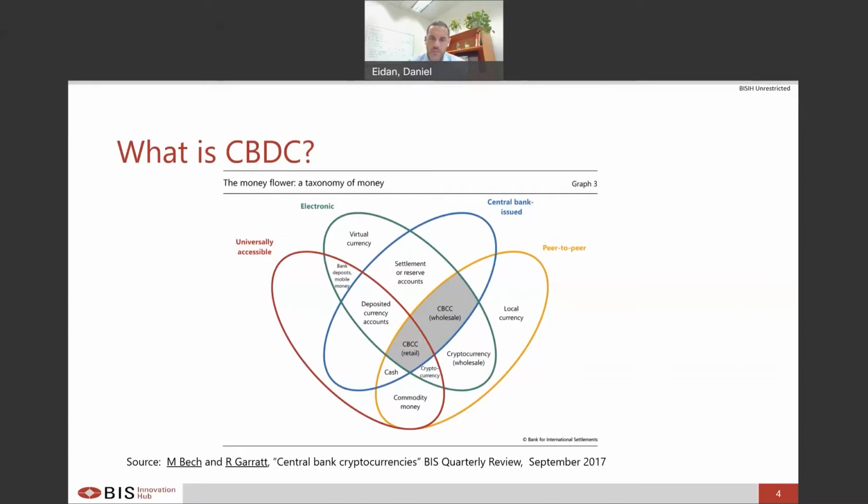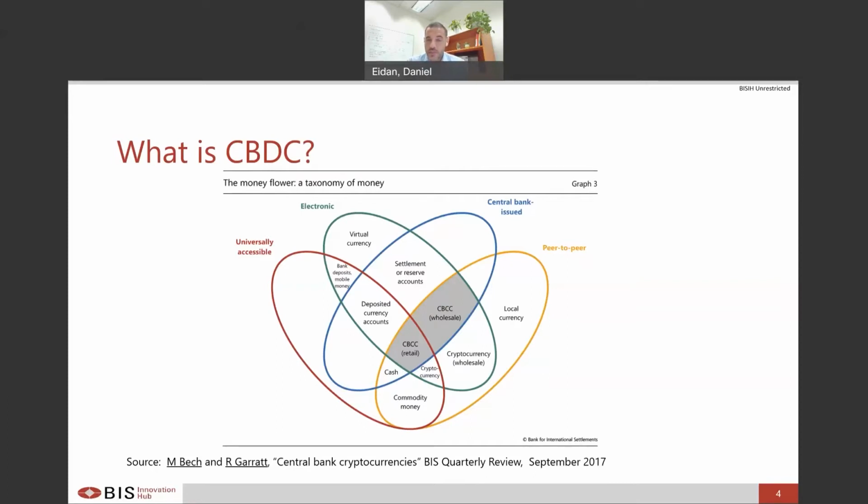So for example, if you look at the intersection of universally accessible, central bank issued, and peer-to-peer, you'll see cash as a familiar instrument of payment. Looking just up and to the right from there, you'll see CBDC, or here called CBCC, central bank cryptocurrency.